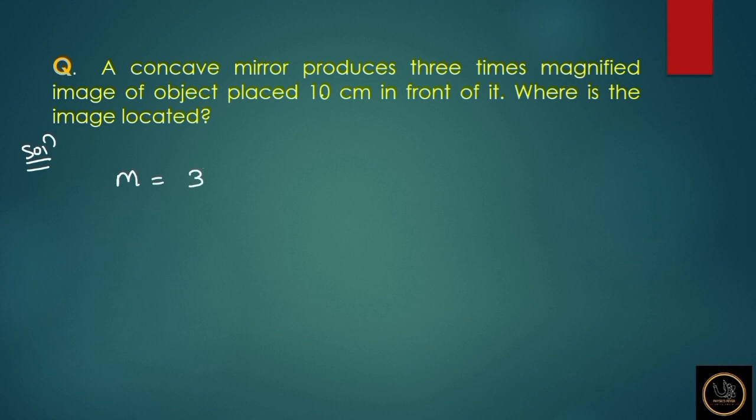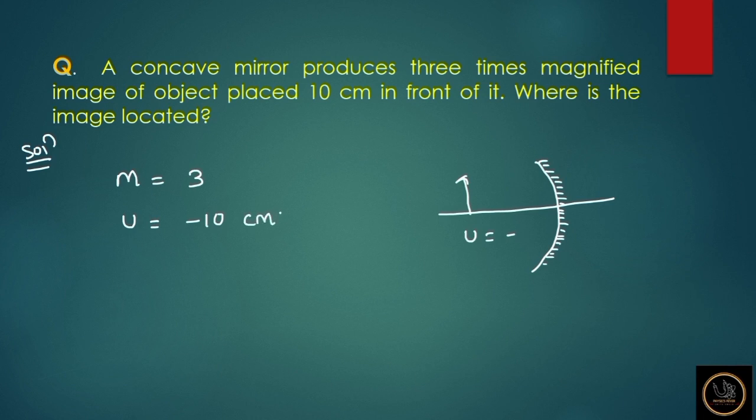Then ऑब्जेक्ट डिस्टेंस, कौन सा मिरर है? कनकेव मिरर. So first draw concave mirror. This is concave mirror and the object will be at this side. So what will be the sign convention of object distance? U is negative. So the object distance U is equal to minus 10 centimeter.